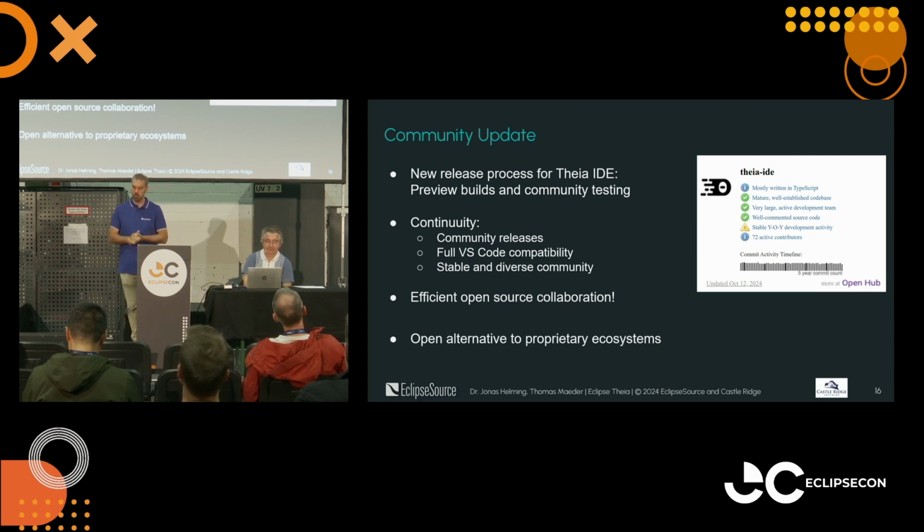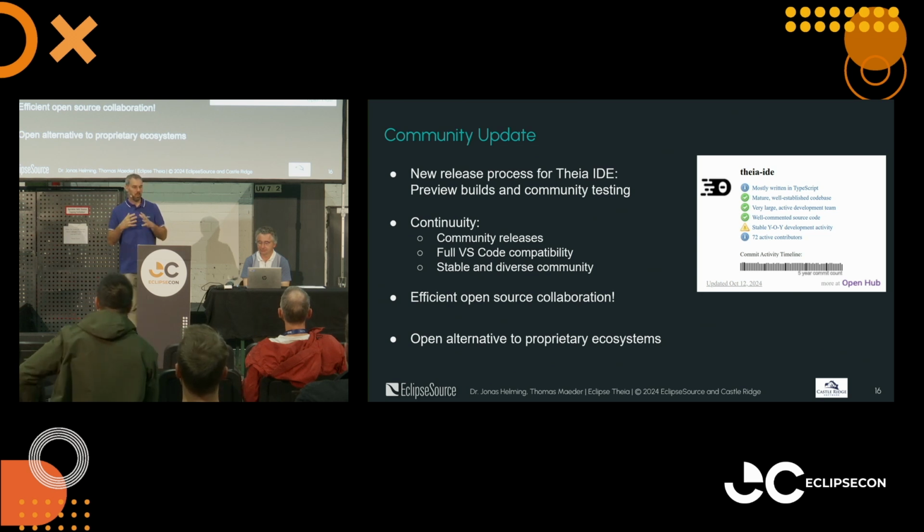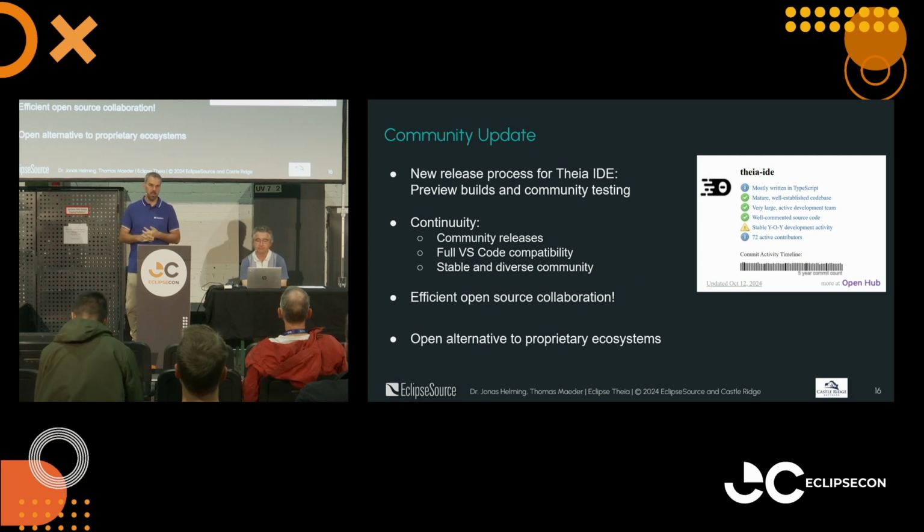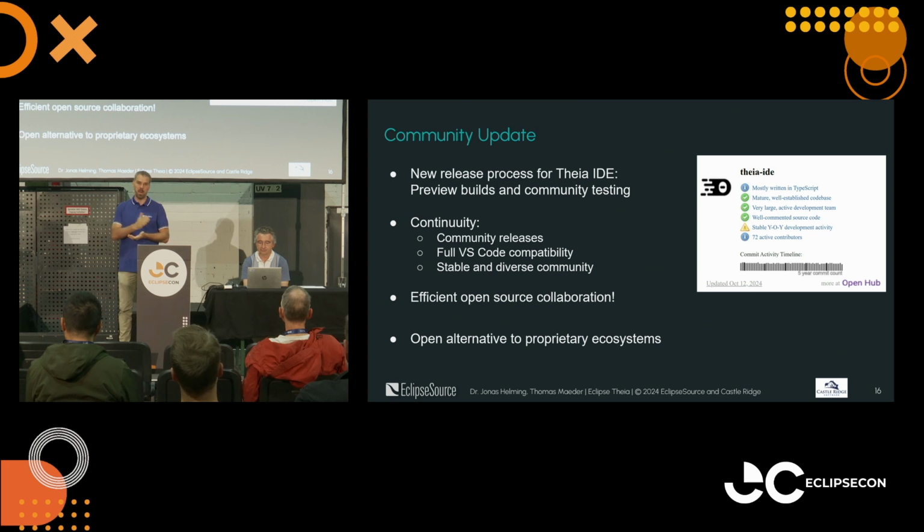So this improves stability. Besides that, from the community, I would say the biggest word here is continuity. For the last year, everything has been very stable. We have regular community releases. If you don't know, Theia publishes a release every month, so if you're waiting for a new feature, that's a very fast release cycle.